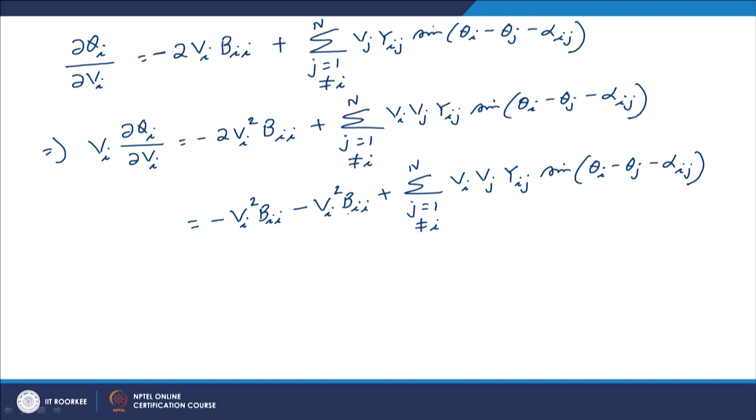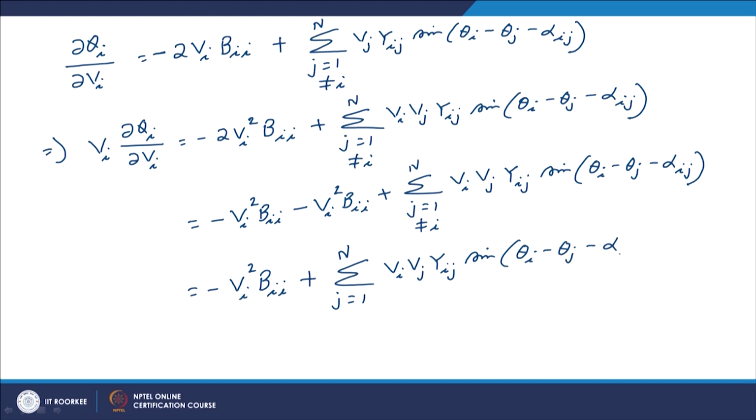If I add them together I get minus V_i square B_i plus the summation over j equal to 1 to n of V_i V_j Y_ij sin(θ_i minus θ_j minus α_ij). This quantity is nothing but Q_i.